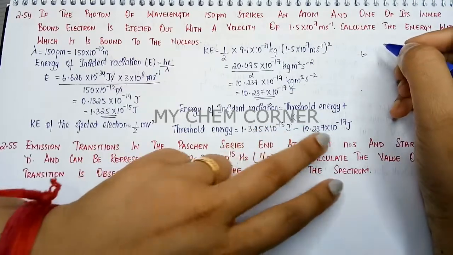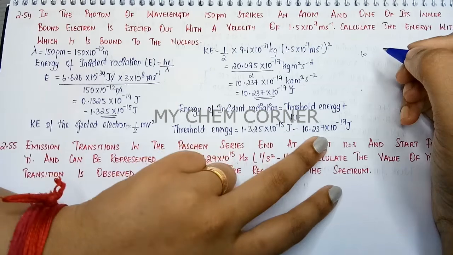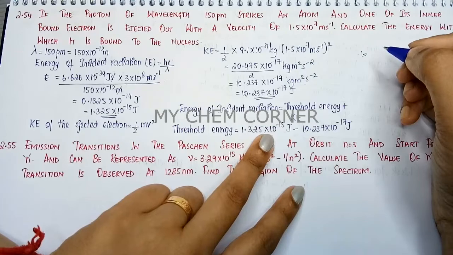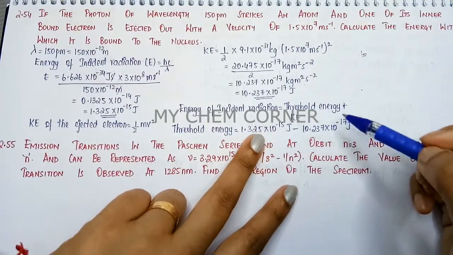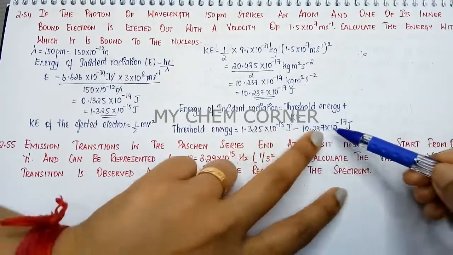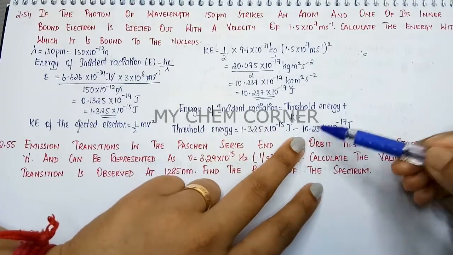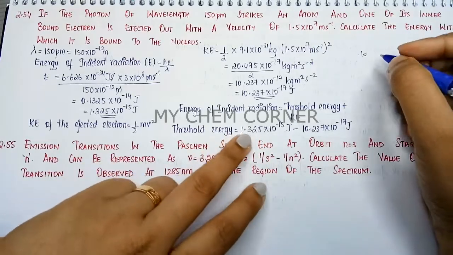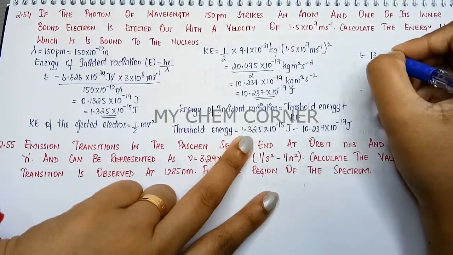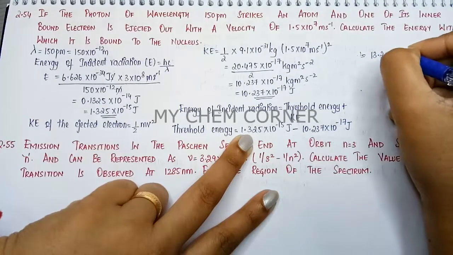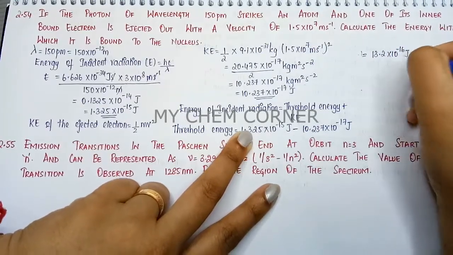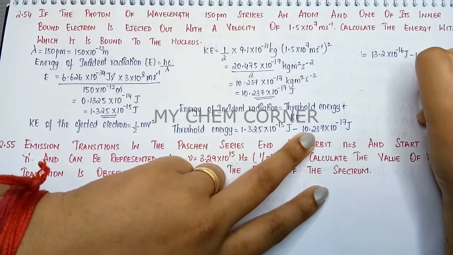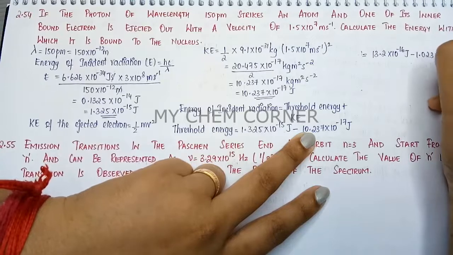In this case both of their powers are different, right? Since both their powers are different, we are going to make them the same. So we convert both of them to 10^-16, so that it becomes easier for us to write. In that case, this is going to be 13.25 × 10^-16 joule minus, when you convert it to 16, 1.023 × 10^-16 joule.